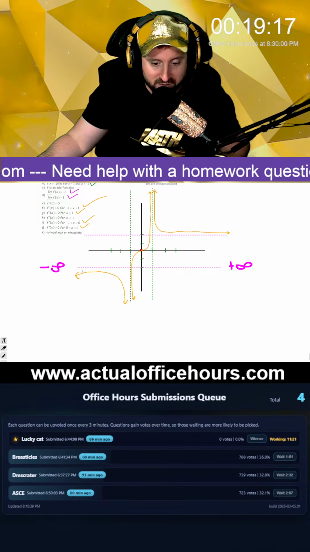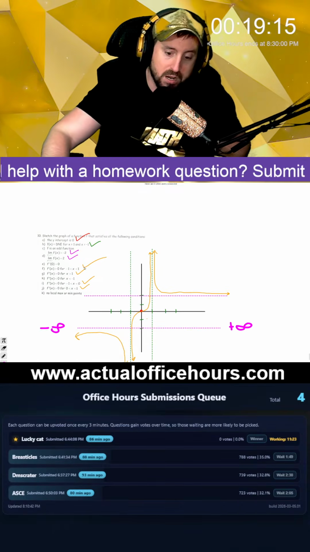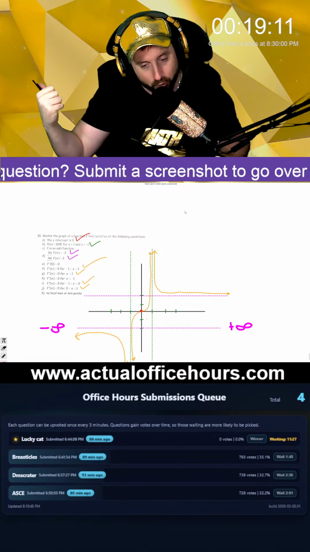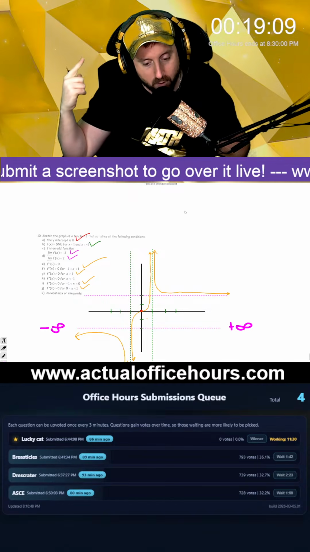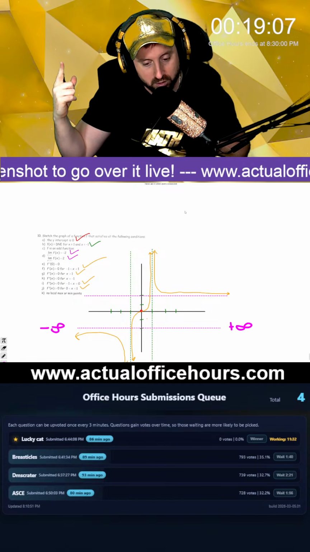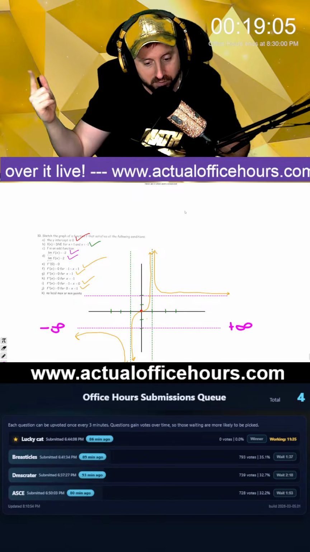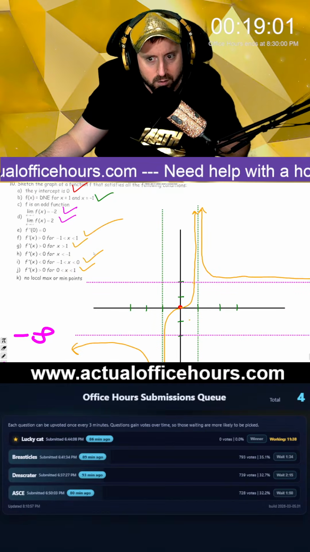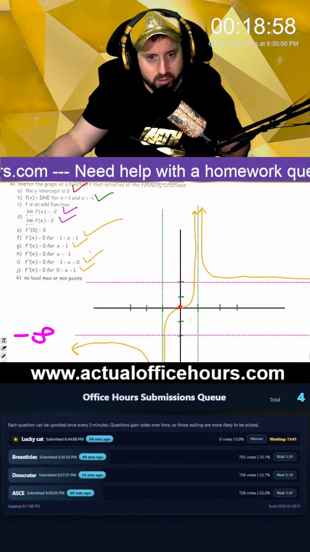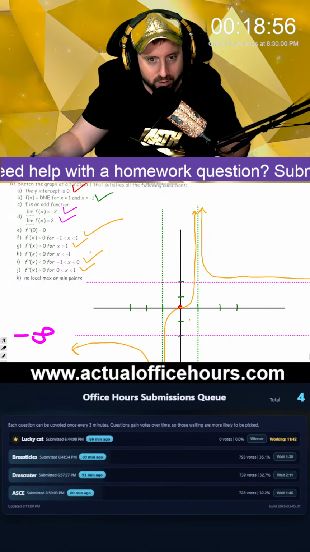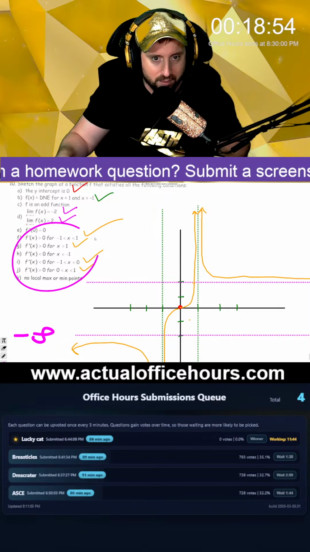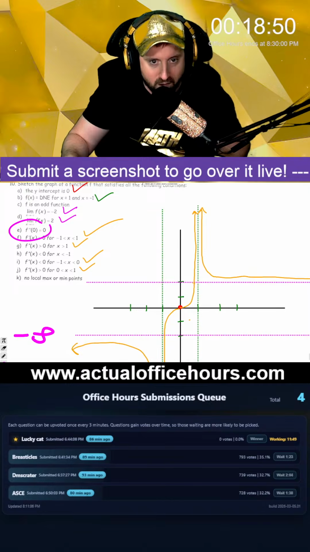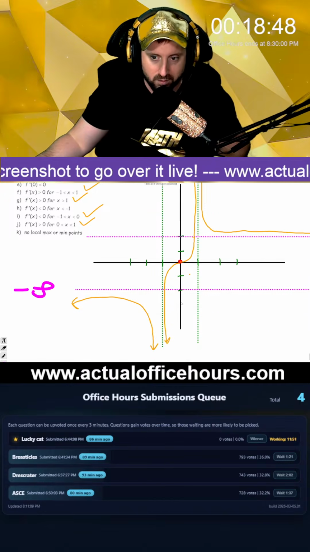Why is there no local max and min? Good question. In order for there to be a local max or local min, you need the first derivative to be 0, and you also need the first derivative to change from positive to negative. Note here that nowhere do they say the first derivative is equal to 0, except I will assume the first derivative is 0 here.